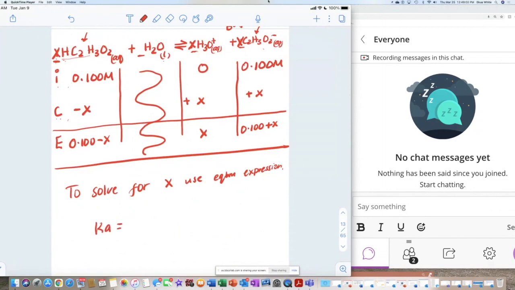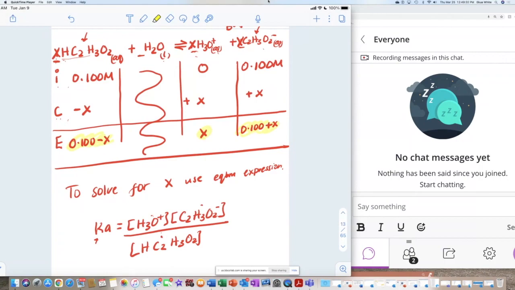Ka, the equilibrium expression, is equal to the product concentrations, H3O+ times C2H3O2 minus, divided by HC2H3O2. And remember, since this is K, all the numbers in here have to be equilibrium numbers, meaning I can only put these numbers in my K expression. I cannot put initial ones.